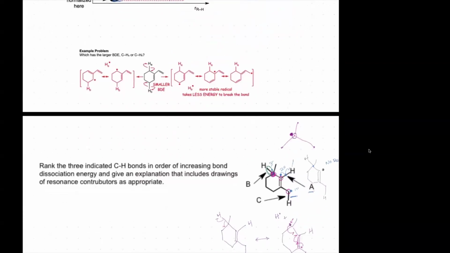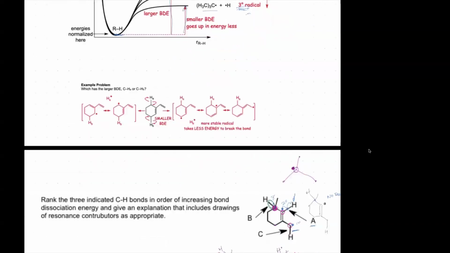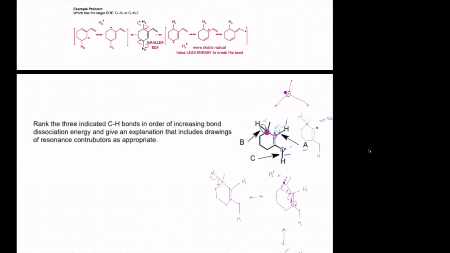But because this one isn't stabilized by resonance, it's the highest. There's nowhere for this radical to go to stabilize it. So even though this is a second degree radical, because there's no resonance, this one is going to be the highest. Now, once you get to these two, C and B, you're going to have to look at your resonance structures as well.